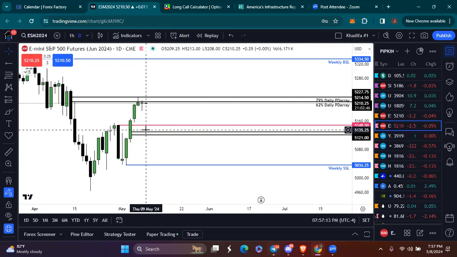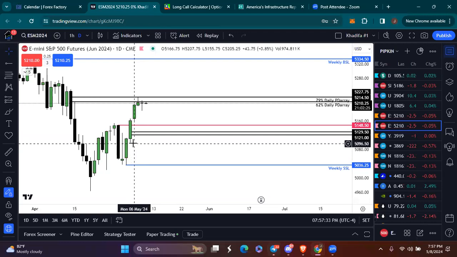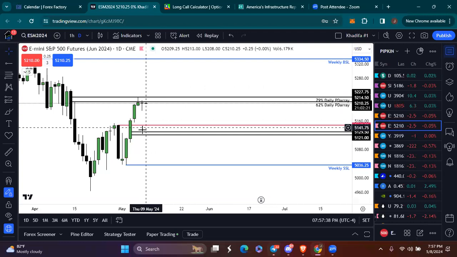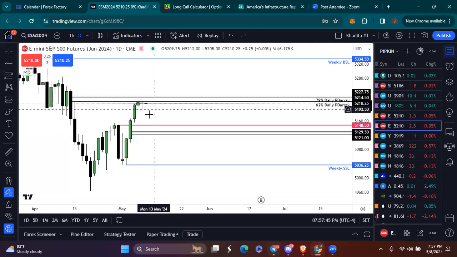Now, if price blows through that, then I will take another long from this PD array level here and maybe add another position here if we come down to the lower PD array level of these two PD arrays, and my stop loss would be below the low of this candle. I would exit back out once we got back up to these PD arrays.